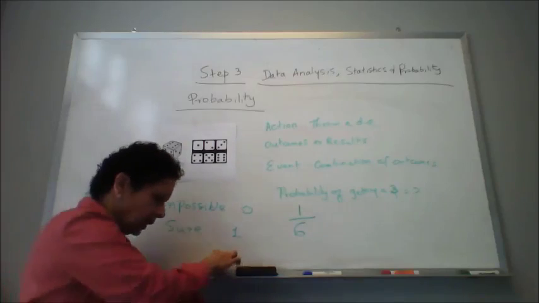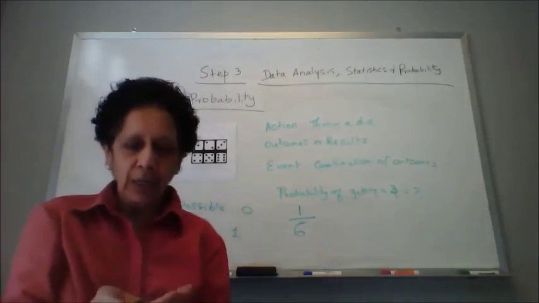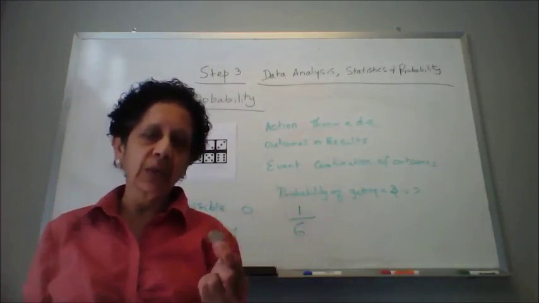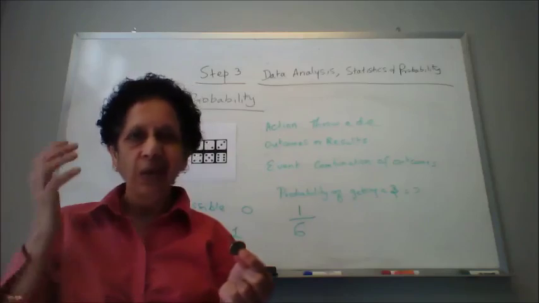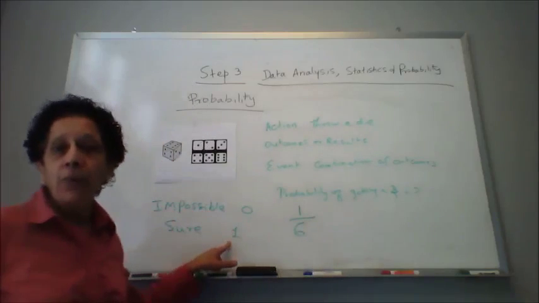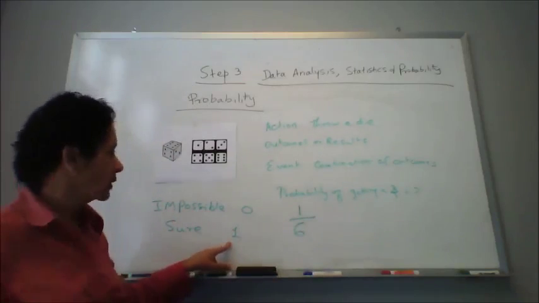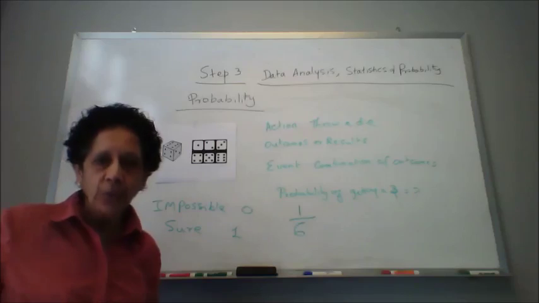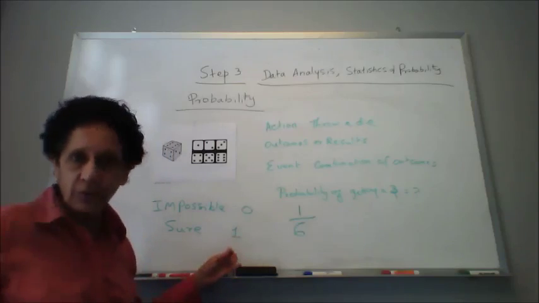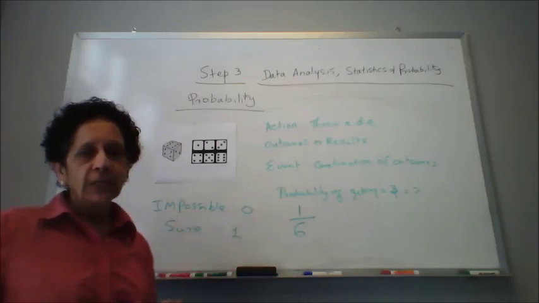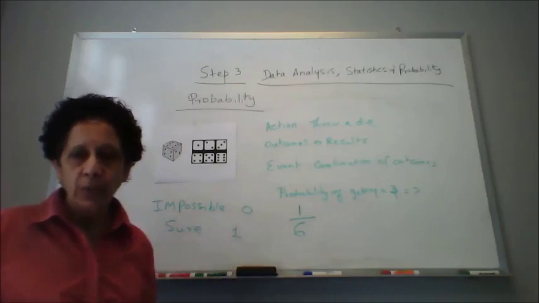So for example here, either I'm going to get a head or I'm going to get a tail. So if I ask you, what is the likelihood that I'm going to get a head or tail, you'll say, duh, you are going to get either one of those, right? So that's probability 1. For sure you are going to get that. What is the probability that the sun is going to rise in the east tomorrow? You'll say, duh, it's 1, for sure, right? And if I ask you, what is the probability that the sun is going to rise in the west tomorrow?